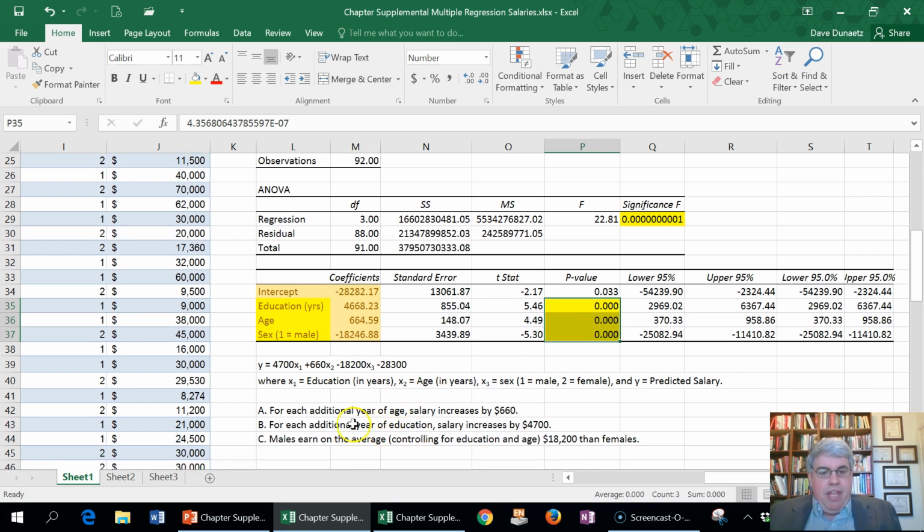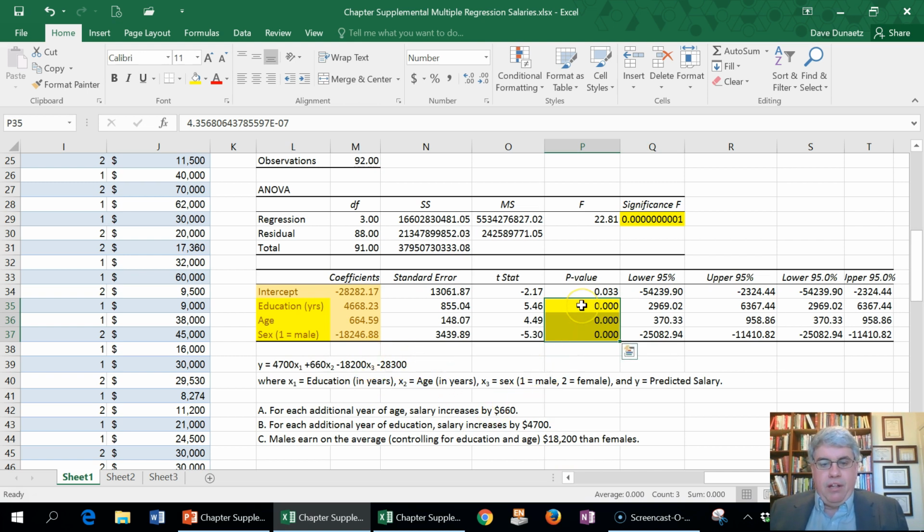So that meant that for each additional year in age, the salary increased by $660. For each additional year of education, the salary increased by $4,700, and that males on the average, controlling for education and age, because when we do multiple regression, it removes the overlap between these, and we can say that that's controlling for the other variables, males on the average earned $18,200 more than females.